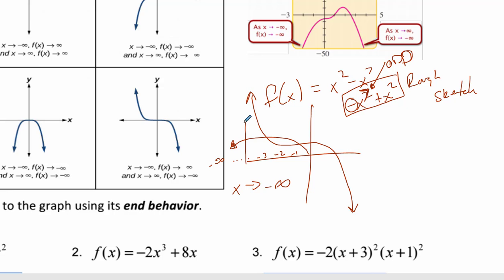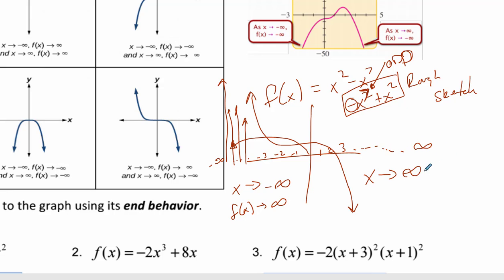Well, it goes up and up and up and up. What does that mean in terms of infinities? That means that f of x is approaching positive infinity because it's going up and up and up. So in this case, as x approaches positive infinity, meaning 1, 2, 3, and so on.